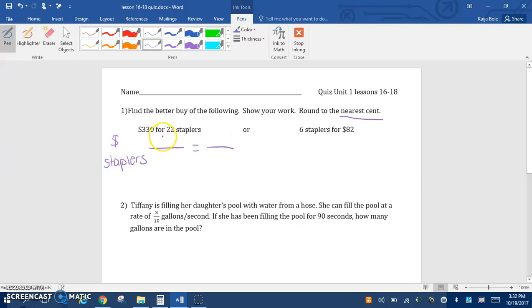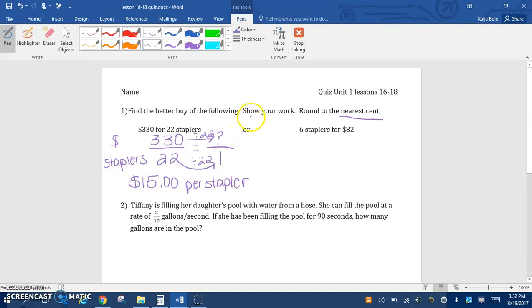So they told us it was 330 for 22, and I want to know how much for one stapler. So that means I'm going to have to divide by 22 on the bottom and divide by 22 on the top, and 330 divided by 22 is $15 per stapler.